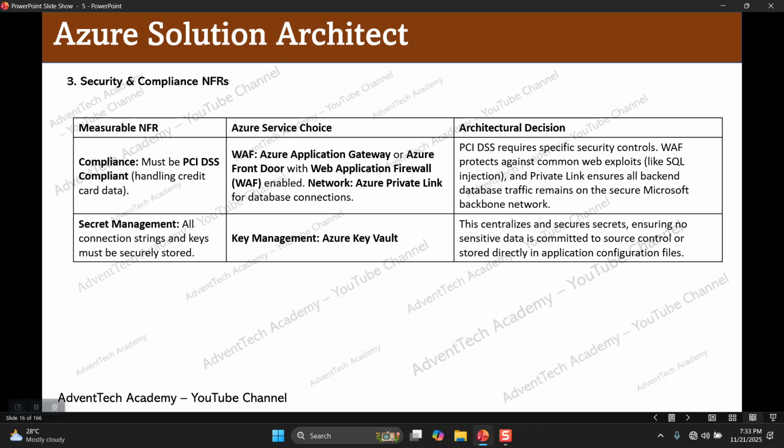We can go for Azure Private Link for the database connections. So the architectural decision is: PCI DSS requires specific security controls, WAF protects against common web exploits, and Private Link ensures all the backend database traffic remains on the secure Microsoft backbone network.